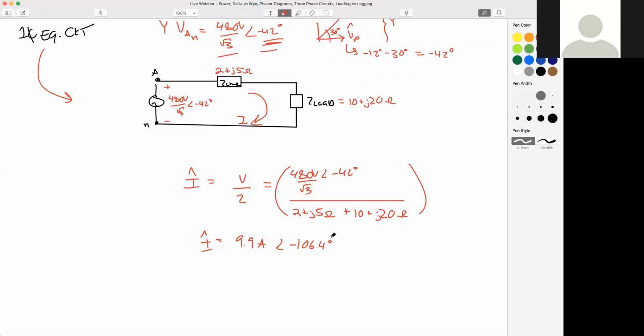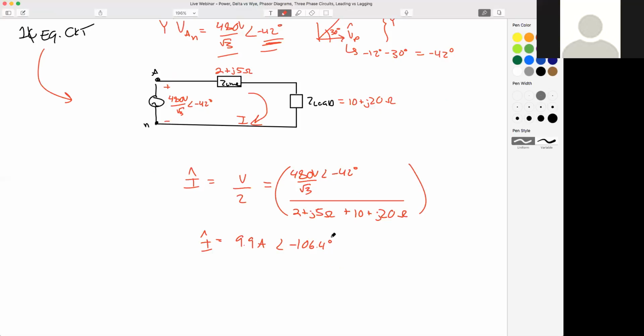So I've got a magnitude of 480 volts divided by root 3 at an angle of negative 42. And all of that is being divided by both of my impedances. So 2 plus J5, and then plus 10 plus J20. And my calculator's in the rectangular mode. I'm going to swap it over to polar.